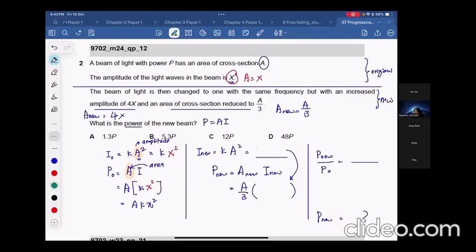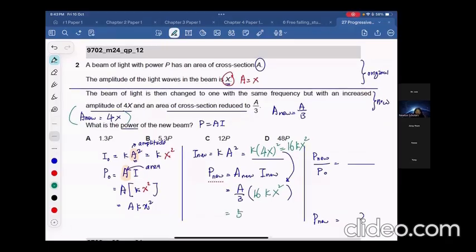So this one is Ka here, A here. The new amplitude here is 4x squared, so it becomes 16Kx squared. So I put here 16Kx squared. Here 16 divided by 3 is 5.3 Kx squared.